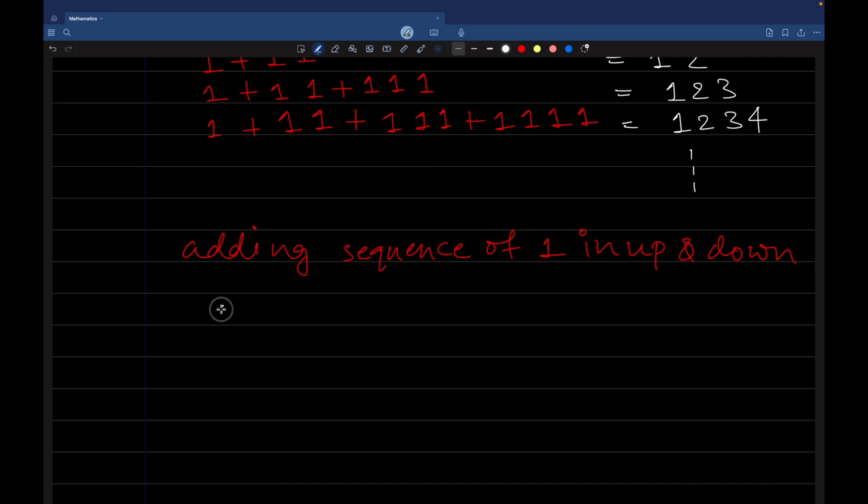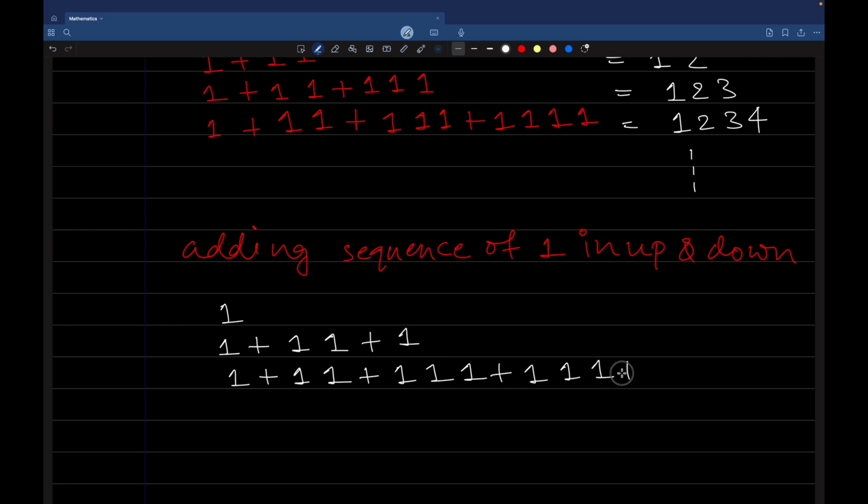That is 1, 1 plus 11 plus 1, 1 plus 11 plus 111 plus 11 plus 1. Here it will be 11 plus 1.